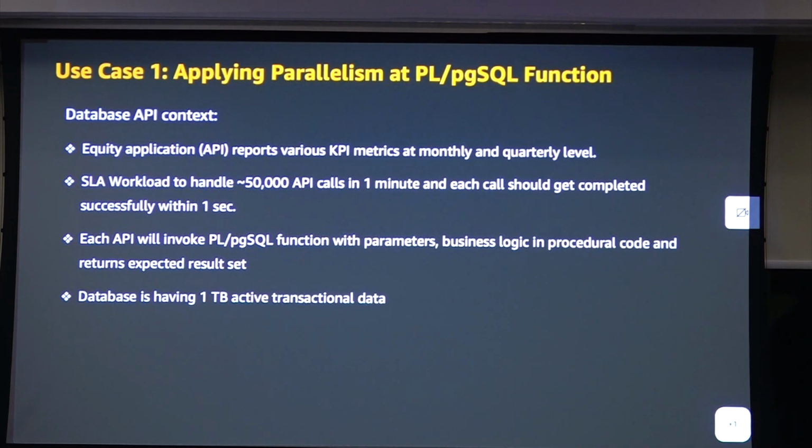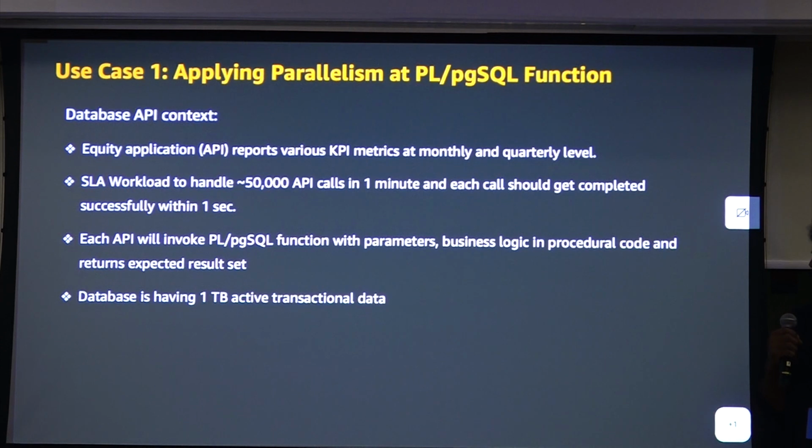The first use case is applying parallelism at the function level. To apply it, first we need to understand the application context we tuned. It's an equity application, a financial application, so obviously performance is critical.